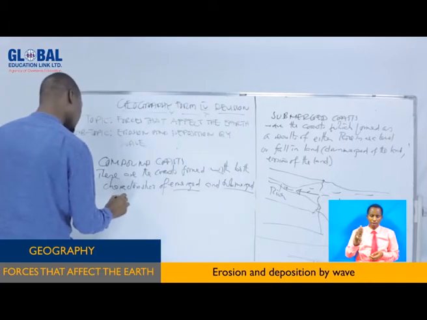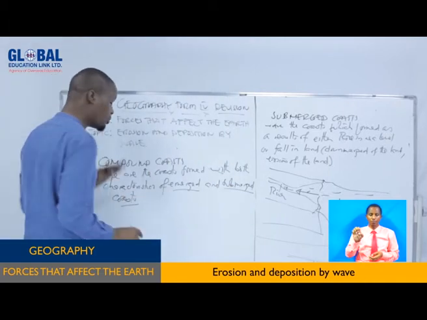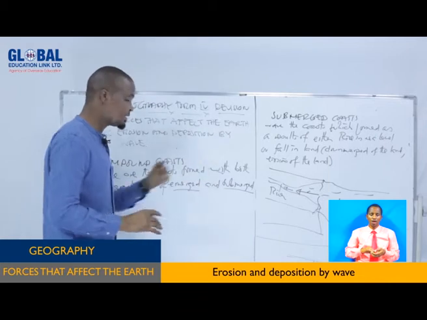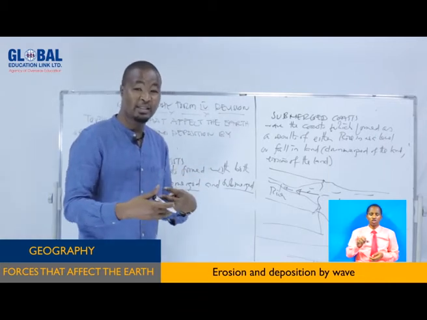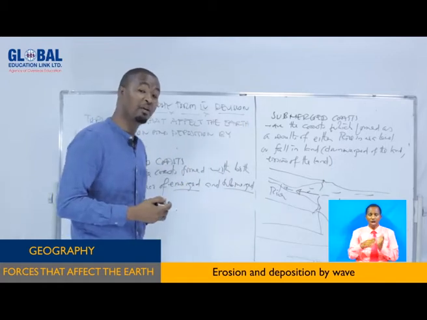Are you with me? It means the coast formed with both characteristics of emerged and submerged coast, we call it a compound coast. It has both characteristics of the two coasts as I have explained.